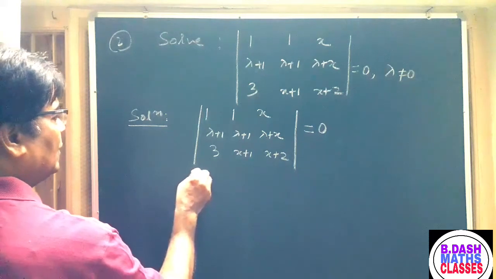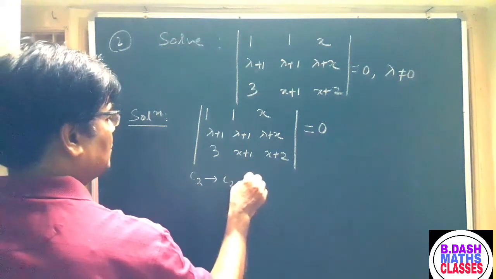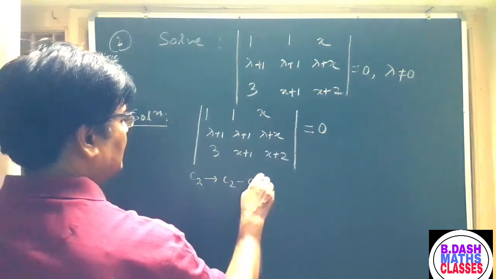Replacing column 2 by column 2 minus column 1.